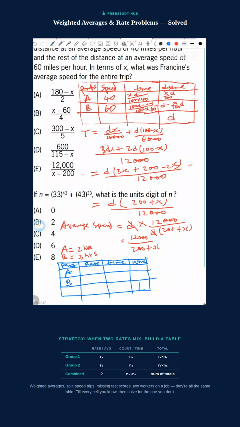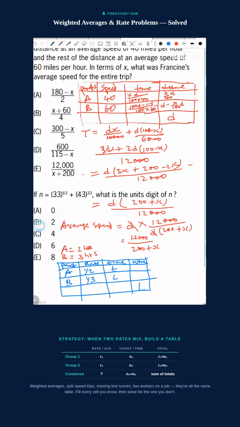The rate here will be 1 over 2. You see that 1 over 2 is 0.5, so it makes sense that the one that works only 2 hours is also faster, and B is 3 hours, so the rate is 1 over 3.